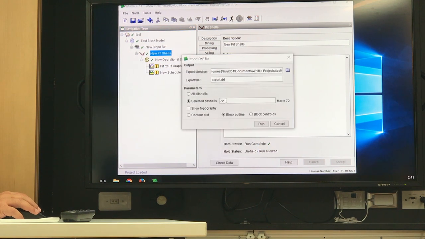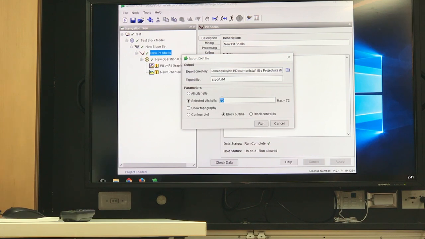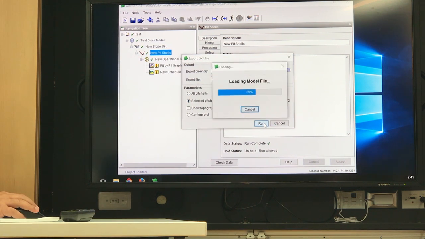So you click on this, and here it's going to ask you which pit shell you want to extract. You want all the pit shells or a selected one. So for example, in your case, if you want to have all the phases, 5, 9, 19, and 35 or 36, just write them here, and you say run.